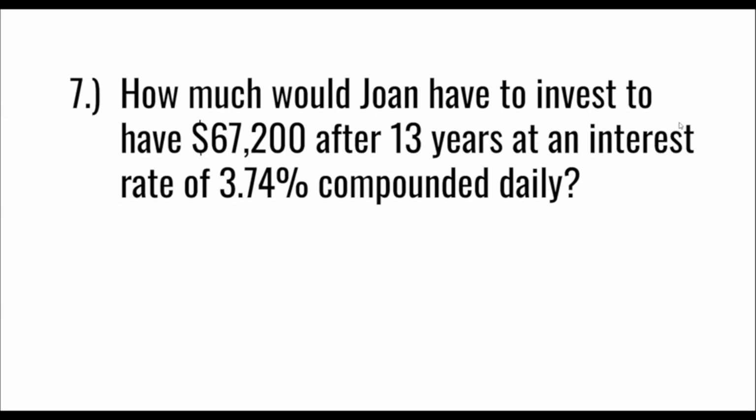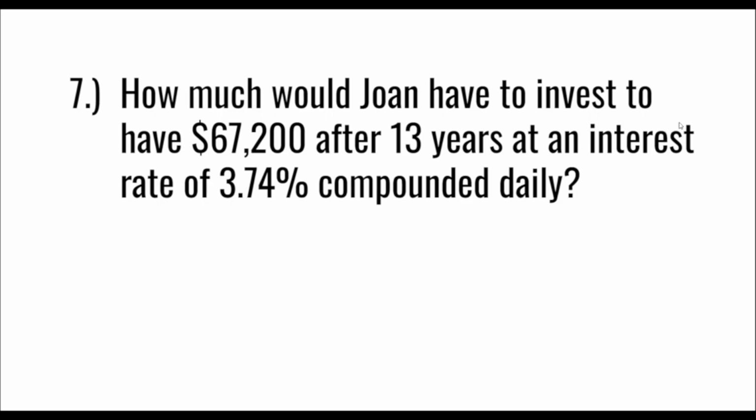So we want to know how much should be invested originally to have this goal amount. The amount after 13 years should be $67,200. We have a time, 13 years, and a rate. So we want to know how much originally needs to be invested, meaning our principal.